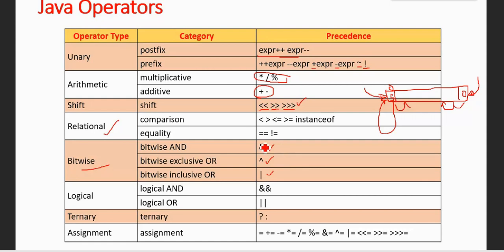When it comes to the logical operators, there are two types: one is logical AND and the other is logical OR. So in your C, have you used all these types?